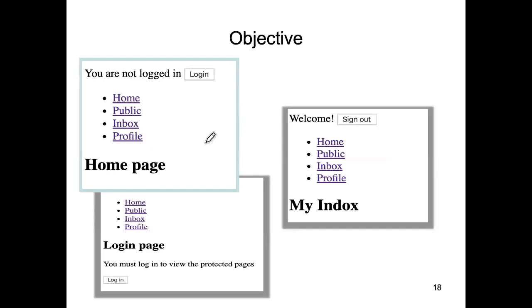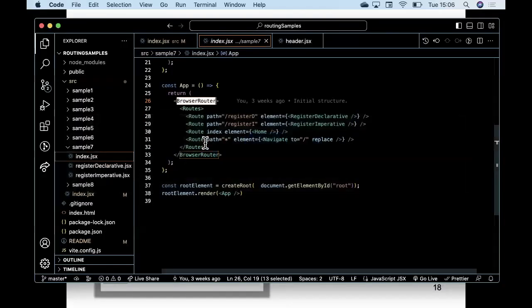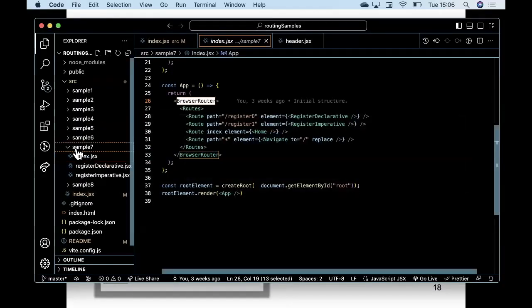Now, I have, as I'm wont to do, a simple sample illustrating this. This sample is the last of the samples in the routing set of archive that I've given you already. So it's sample 8.